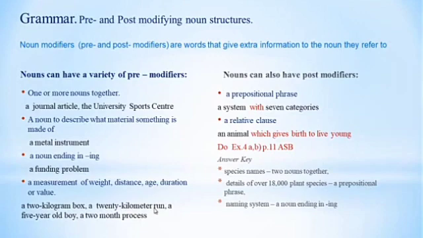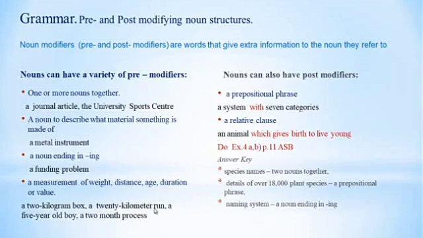Nouns can have a variety of pre-modifiers: one or more nouns together, for example, a journal article; a noun to describe what material something is made of, for example, a metal instrument; a noun ending in -ing, a funding problem; a measurement of weight, distance, age, duration or value, a 2-kilogram box.